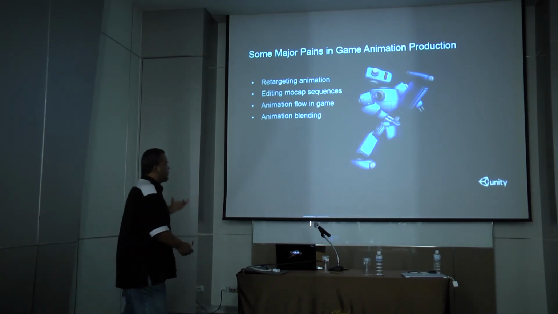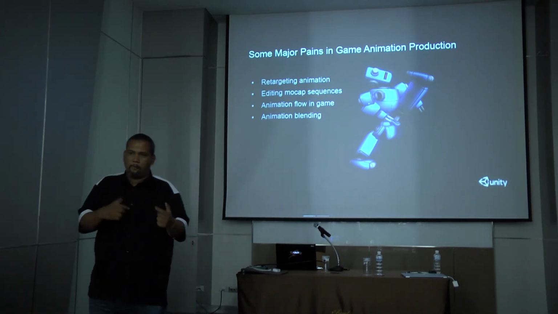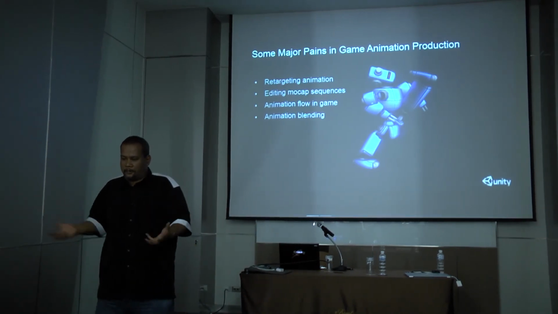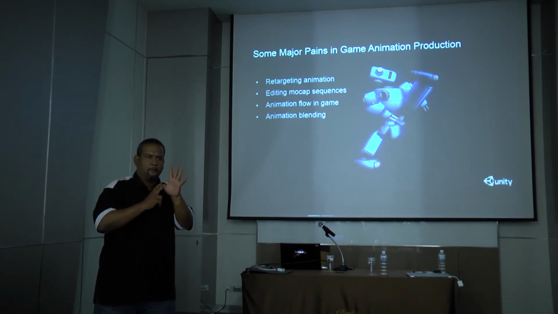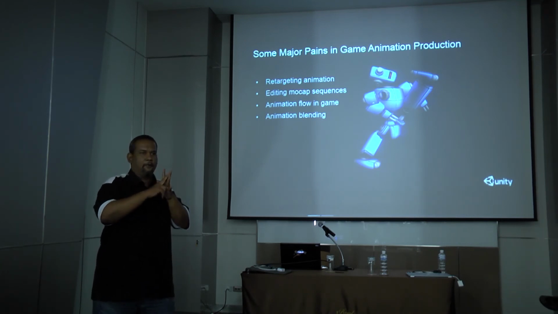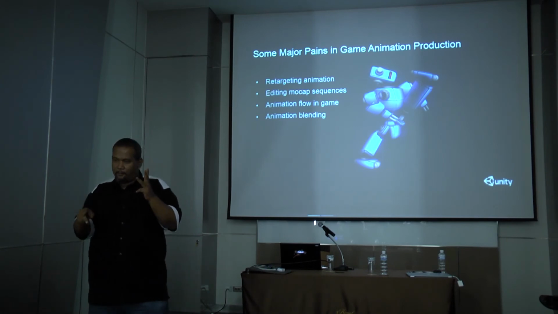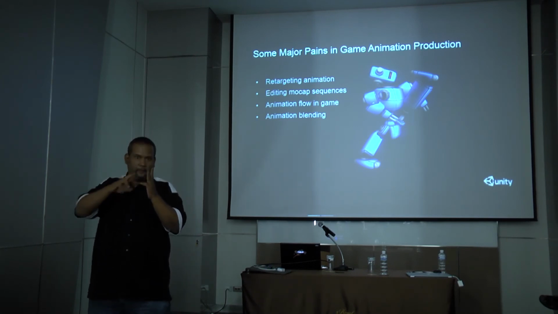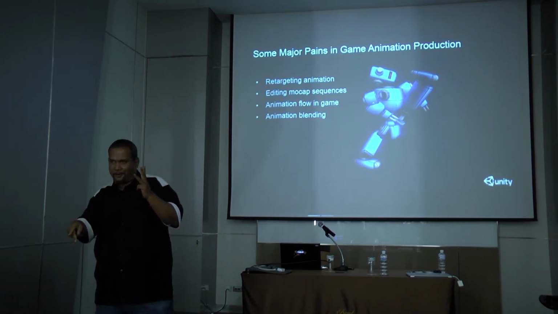Then the final part is animation blending. That's where the artist comes and says, okay, we want to blend from idle to walk, from walk to run, from run to jump, and back to run. In the running state, he needs to blend to jump, then jump to running state again.